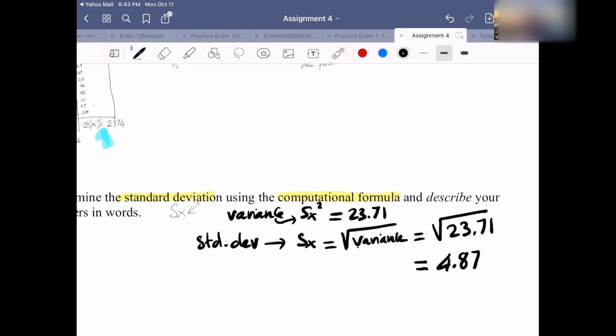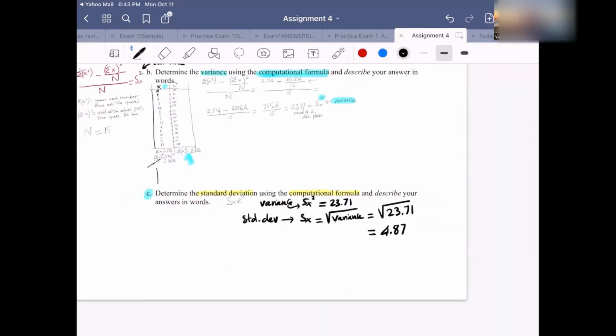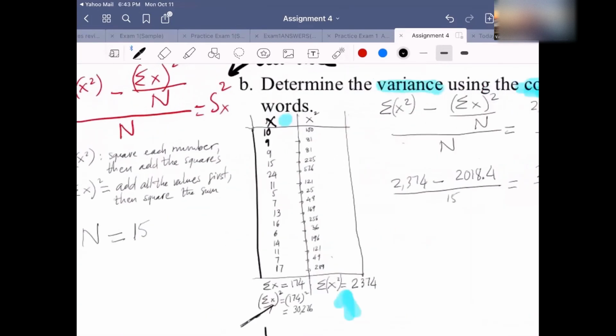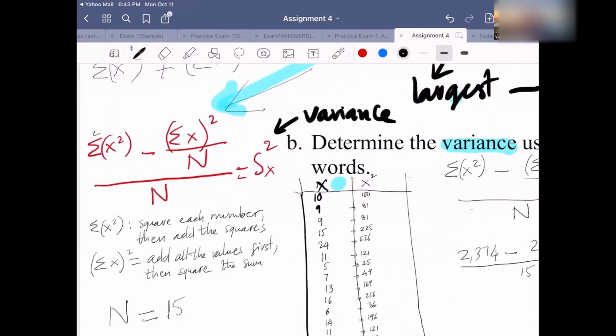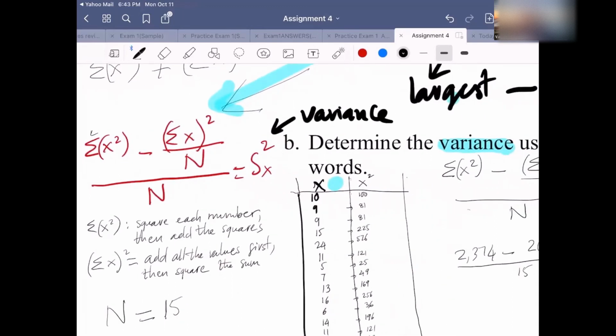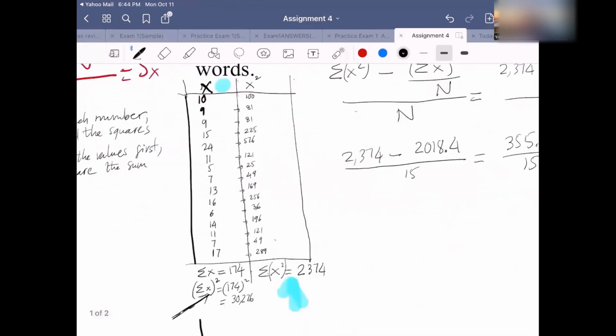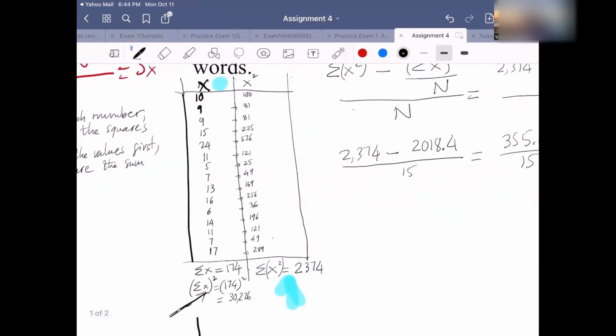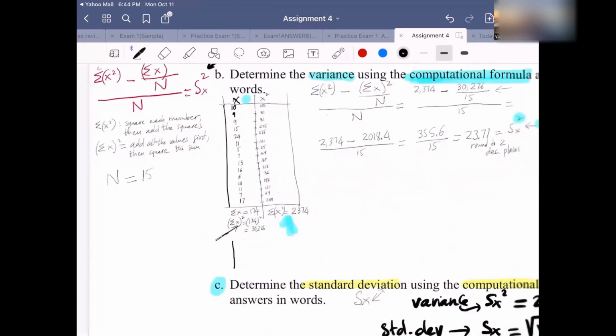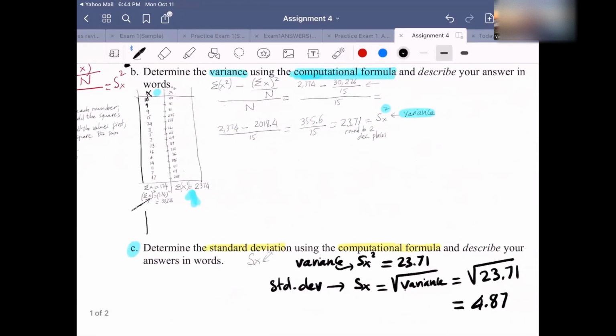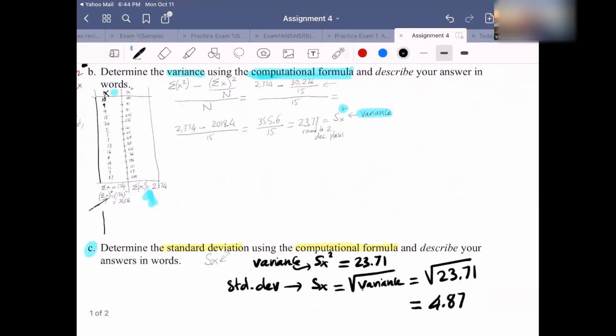If you round it to 2 decimal places. So that is the standard deviation, okay? So you use the computational formula to find the variance first, right? And then after that, you take the square root of the variance to get the standard deviation, okay? And I'm sure that on the exam, they will ask you to do this kind of problem, then you should be able to do it, okay? And practice a few times.